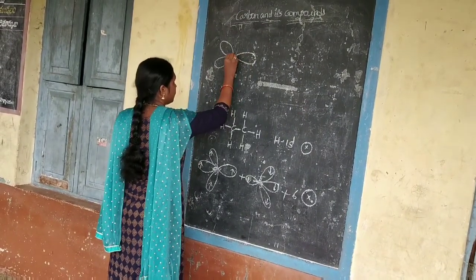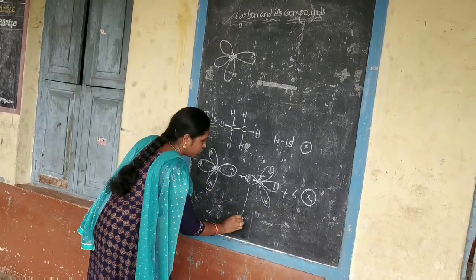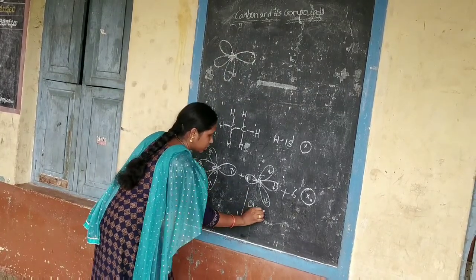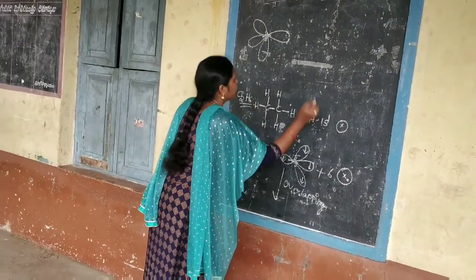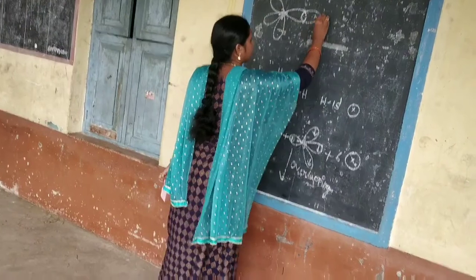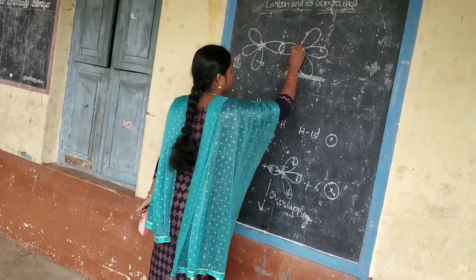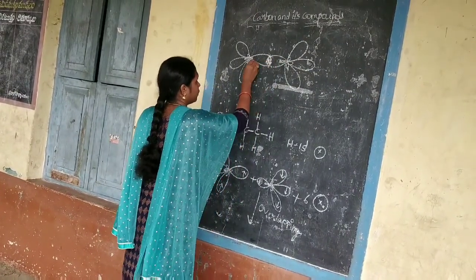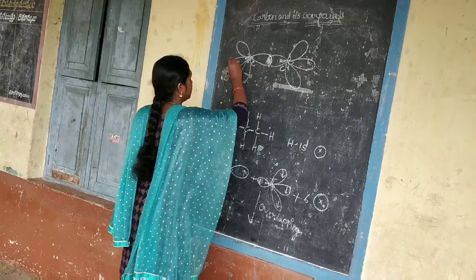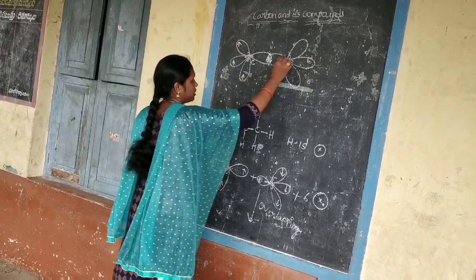This is the nucleus of one carbon, and after this they are involved in the overlapping. This is one carbon, this is another carbon, and each carbon has other 3 hybrid orbitals.